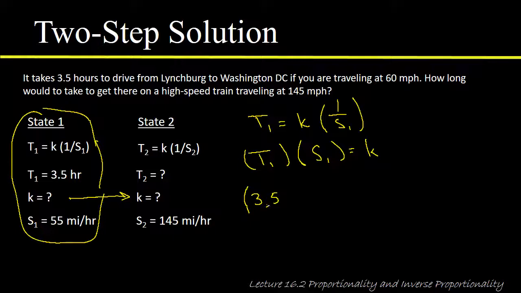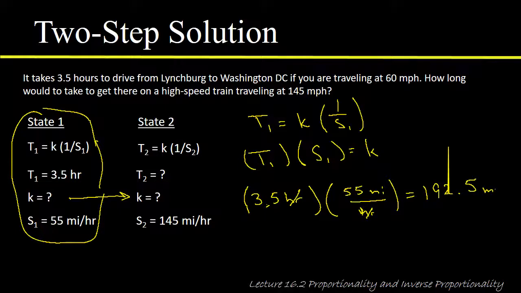3.5 hours times 55 miles per hour, and our hours cancel out, and we get 192.5 miles.